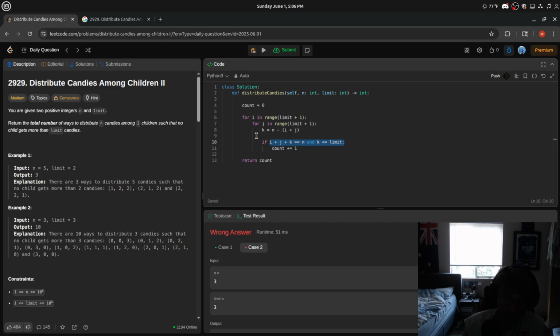Instead of this, we can do 0 is less than or equal to k, but k is less than or equal to limit. Then we do count plus equals 1, and we return our count.